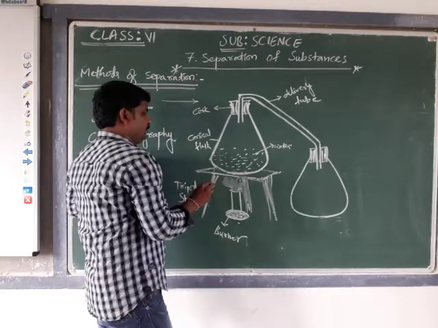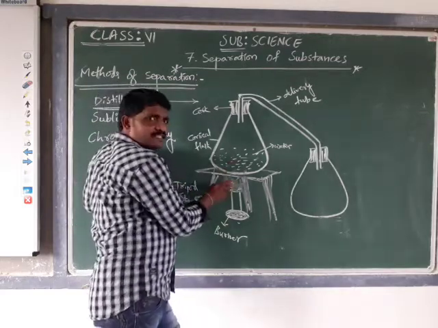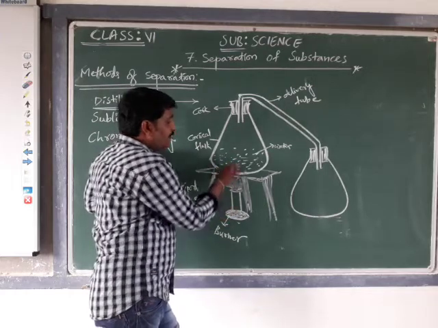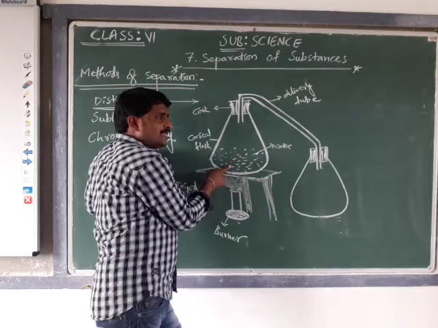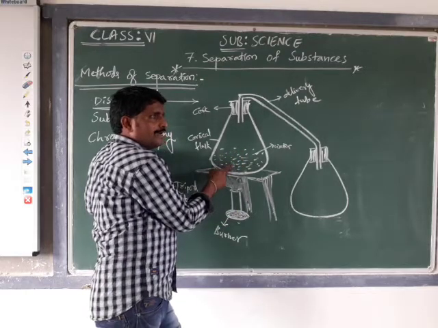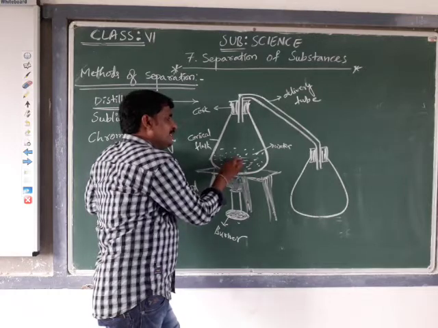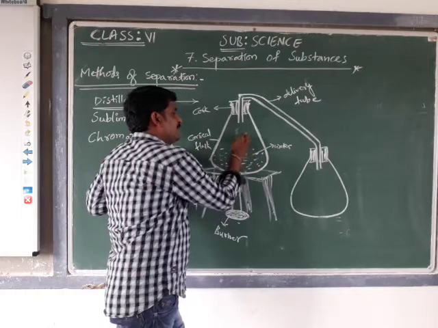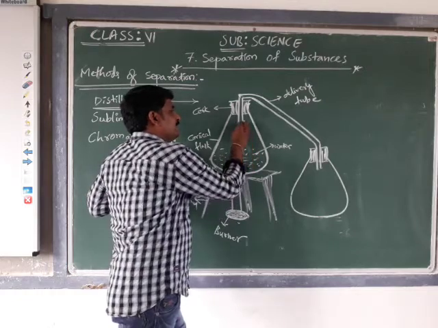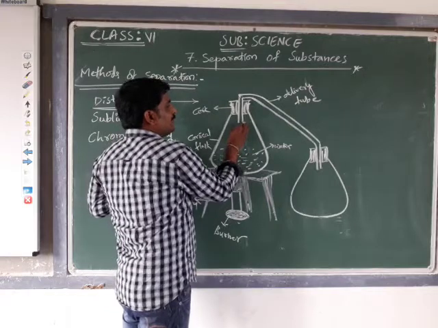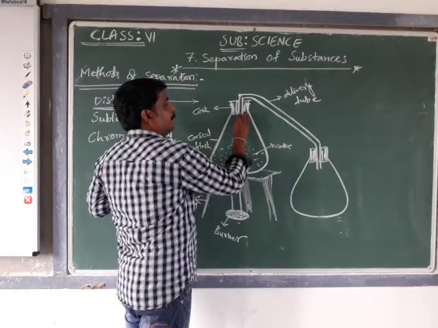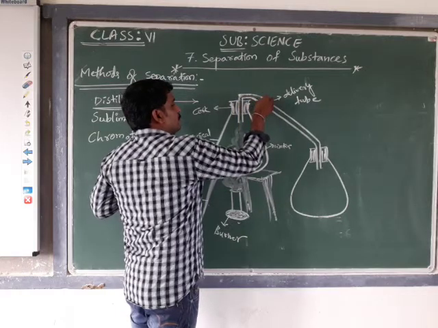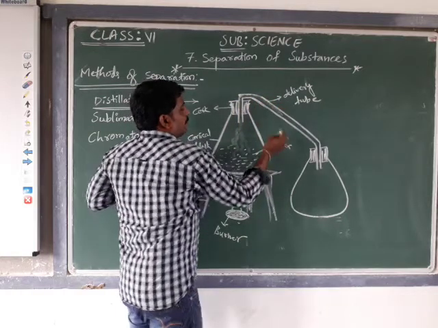When we start heating the water in the conical flask using a Bunsen burner, once the water reaches its boiling point, 100 degrees, the water in this first conical flask starts evaporating, and the water vapor slowly reaches the delivery tube and passes through it.